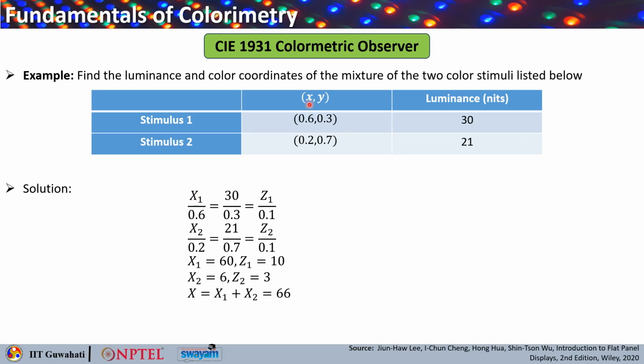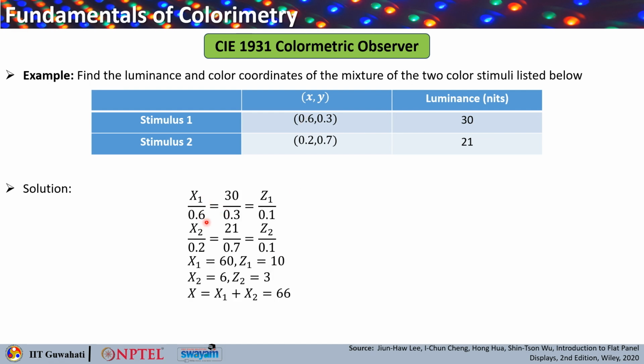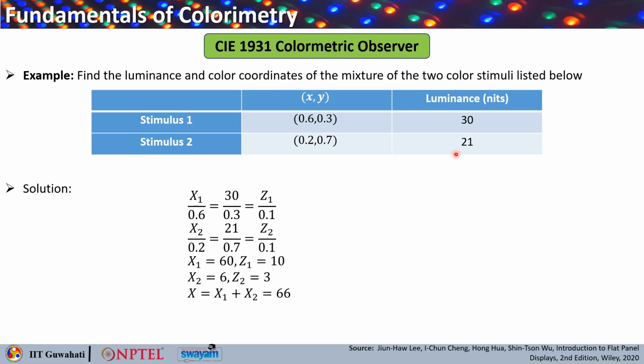In the first stimulus, take capital X1 divided by small x, that will be equal to Y by small y, since V equals Y. So, this is 30 divided by small y, which will be equal to capital Z1 divided by small z, because these three things should add up to 1.